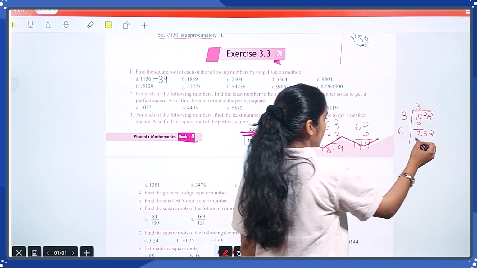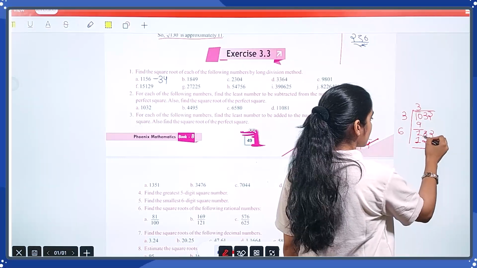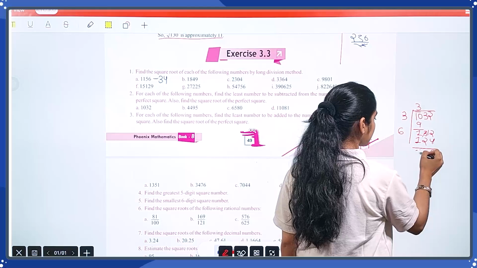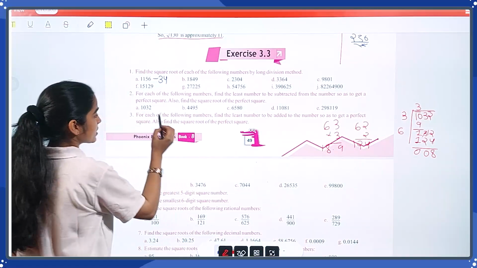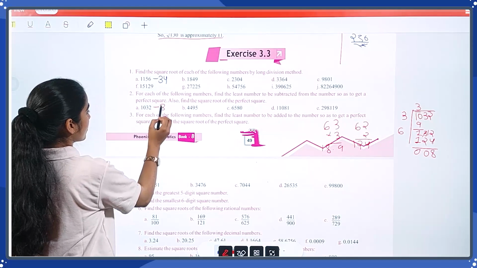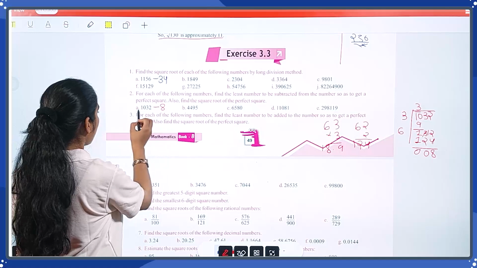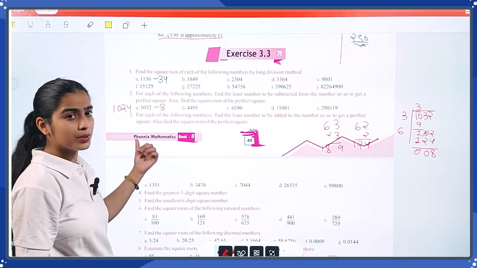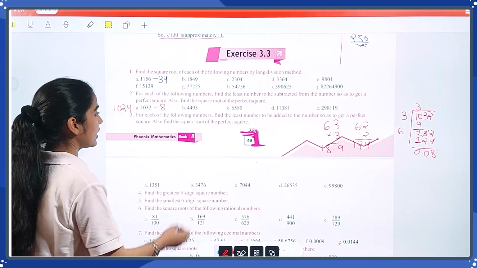So we have to take 124 here because that is smaller. 2 minus 4 is not possible. 12 minus 4 is 8. 2 minus 2 is 0. Here 0. So it means we have to subtract 8 from it to get a perfect square. After this you get 1024, and it is very simple. You can find the square root of this by the long division method and then find the answer.